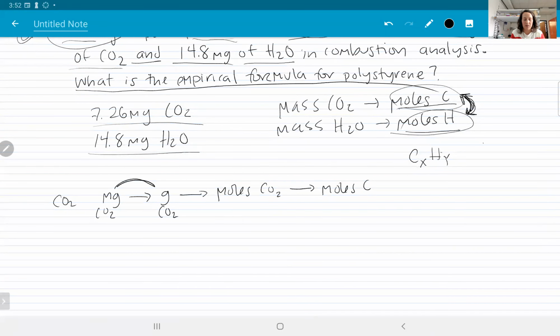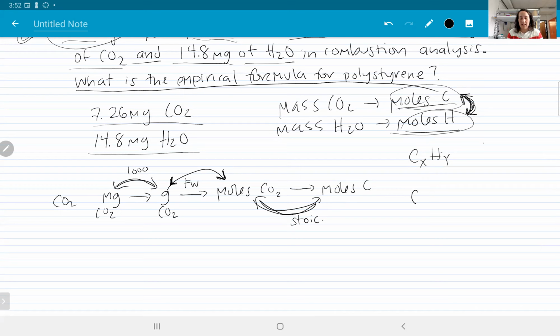Milligrams to gram conversion, that's that 1,000-fold. That's from our brain. We just know that there's 1,000 milligrams in 1 gram. Grams to mole conversion: whenever you need to convert between mass and moles, you have to use the formula weight. And when we're converting between moles of CO2 and moles of carbon, we need a stoichiometric factor, stoic. I'm going to write stoic there, okay?